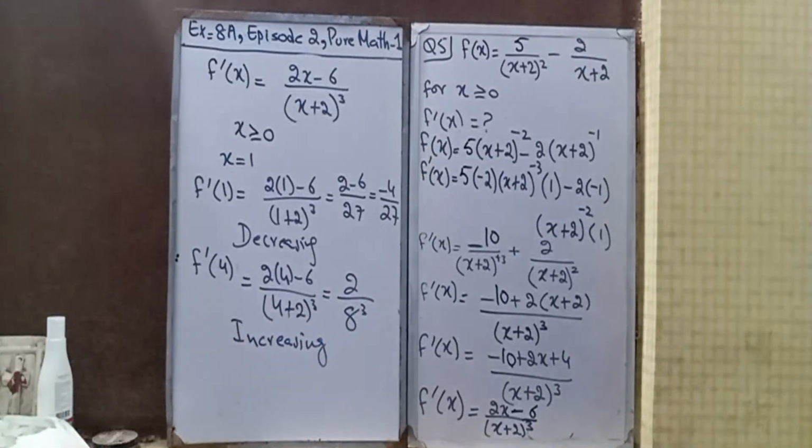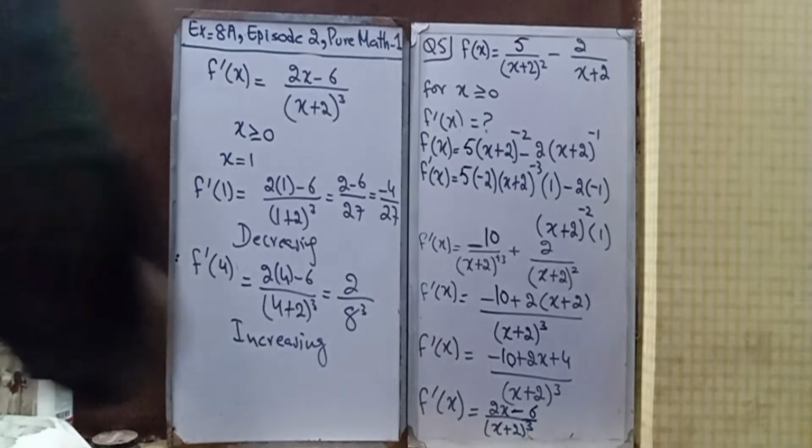So when you put the x values greater than 0, on some values you see the function is decreasing. If you put larger values of x, then it becomes increasing. So for x greater than 0, it is increasing as well as decreasing.